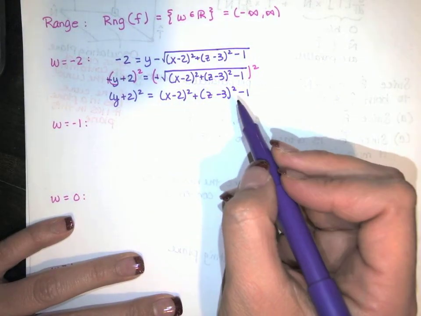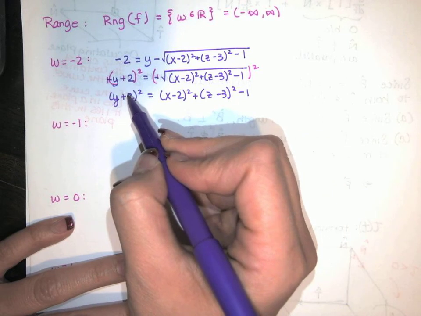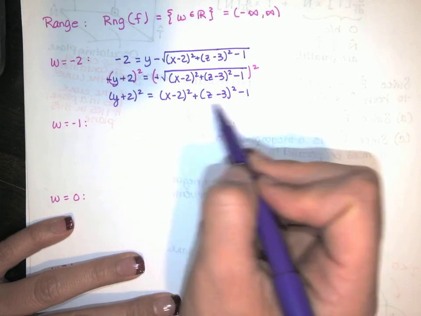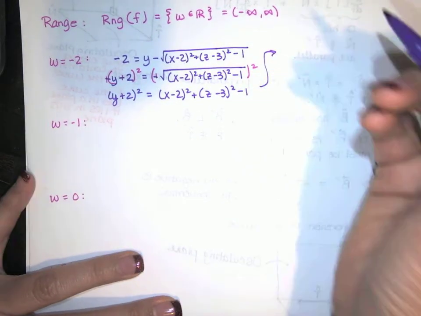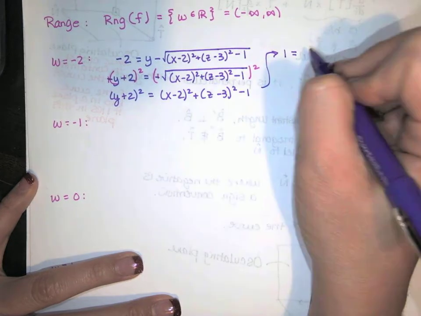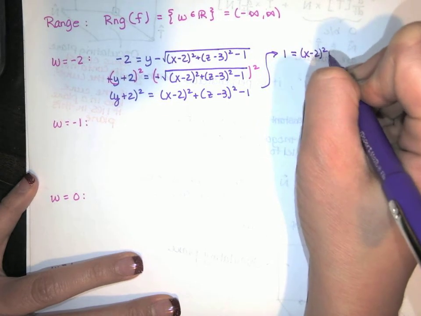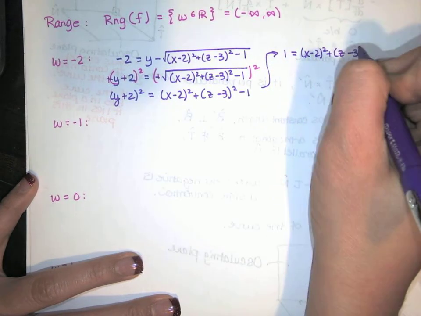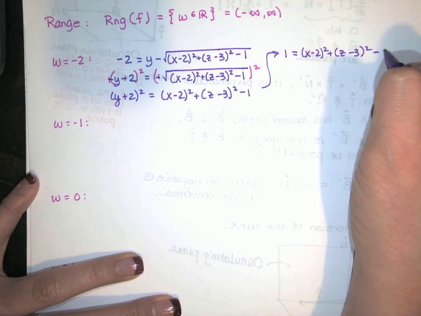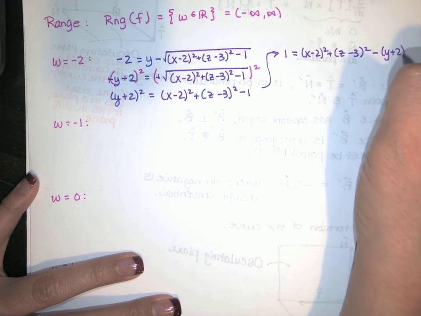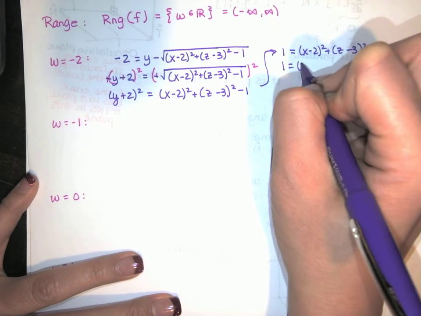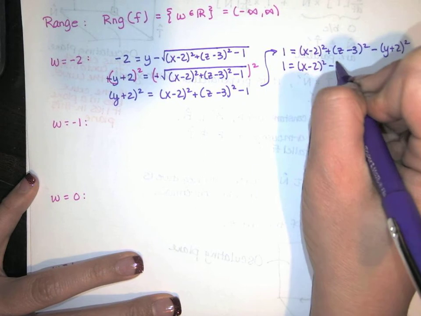And if I move that 1 to the other side and move this (y plus 2) squared to this side, I've got 1 equals (x minus 2) squared plus (z minus 3) squared minus (y plus 2) squared. And we're used to putting them in alphabetical order, so let's write it this way instead.